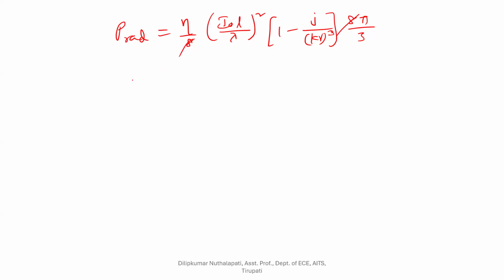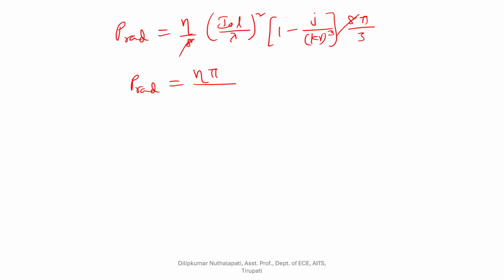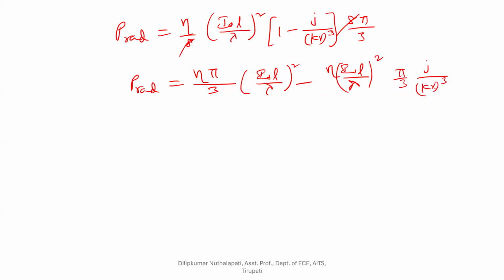Then finally we obtain P radiated equal to ηπ by 3 into (I₀ L by λ) whole square minus η (I₀ L by λ) whole square into π by 3 into (j by kr) whole cube.